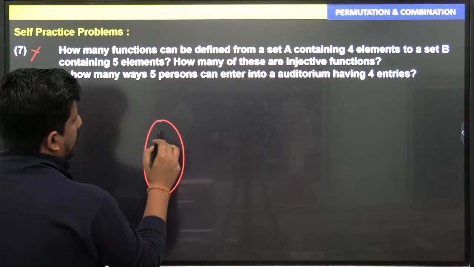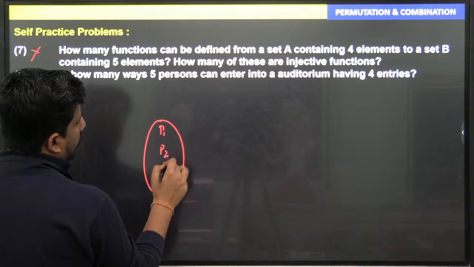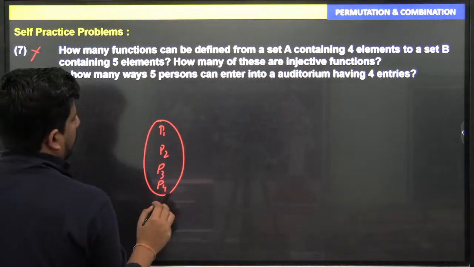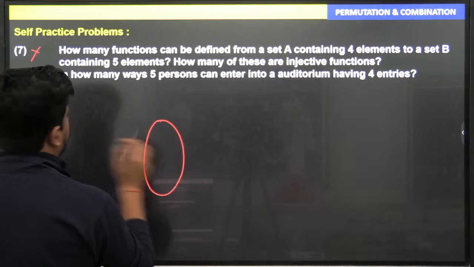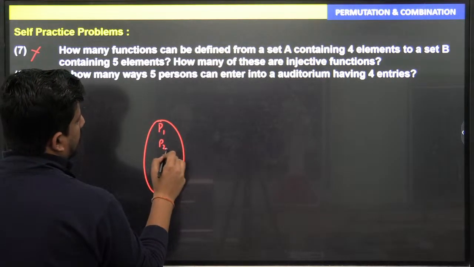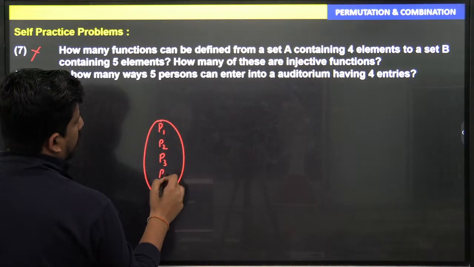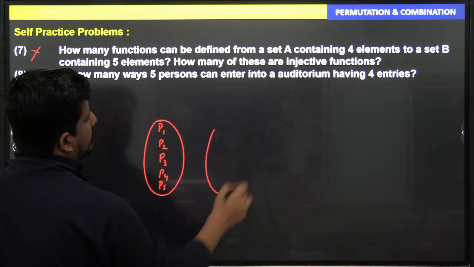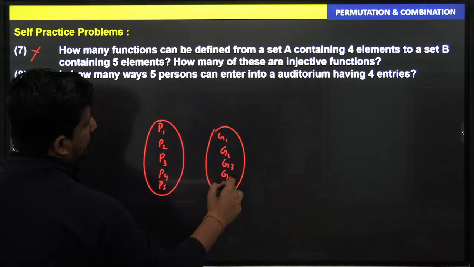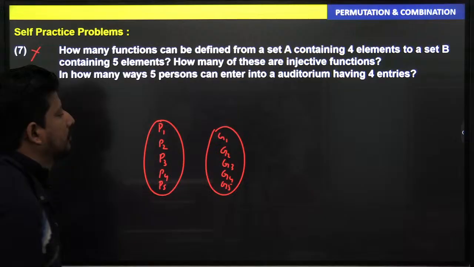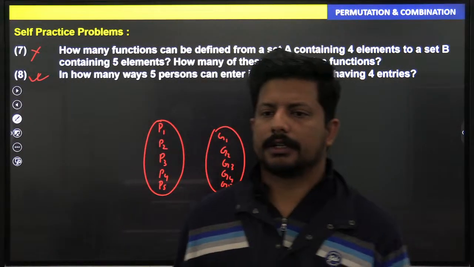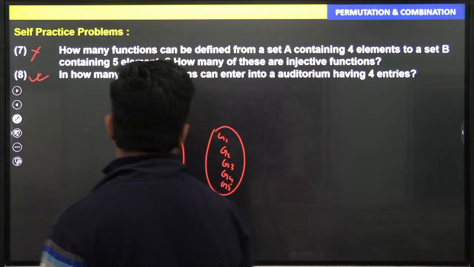This is also based on functions, but you can think on it. So here are the persons, P1, P2, P3, P4 and P5, and here are gates G1, G2, G3, G4. Gates are 4 only, not 5.